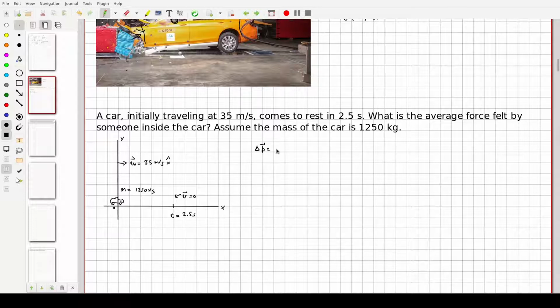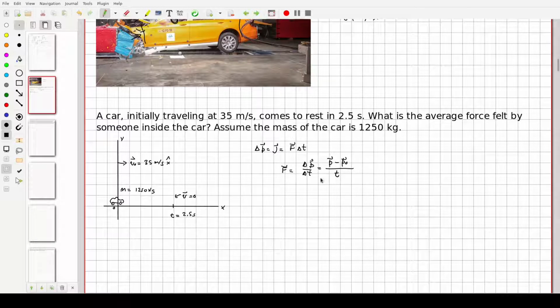So the impulse for constant force looks like F vector times delta t. Okay, so if I want to know what the force is here, it's going to be delta p over delta t. And again, this is constant force, right? So here, your change in momentum would be your final momentum, which I'm just going to call p, minus your initial momentum.